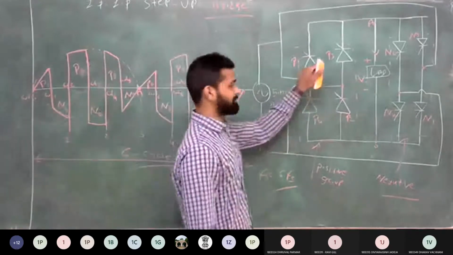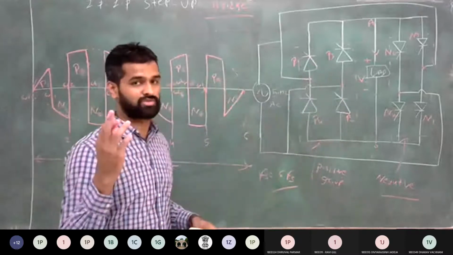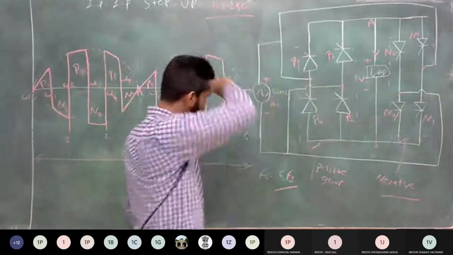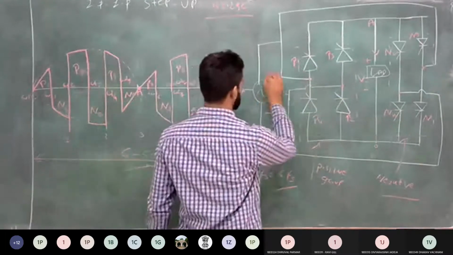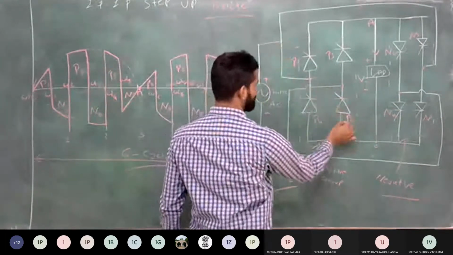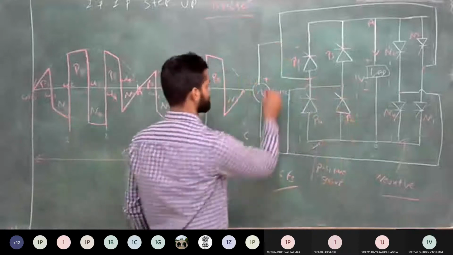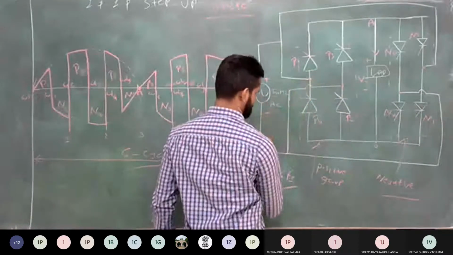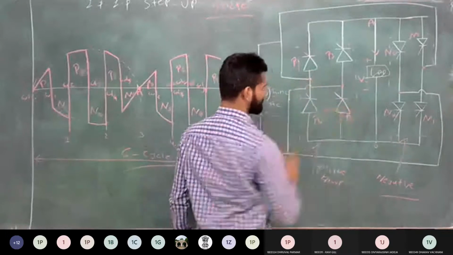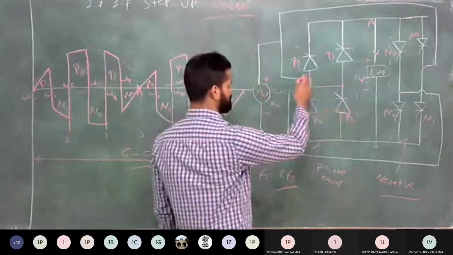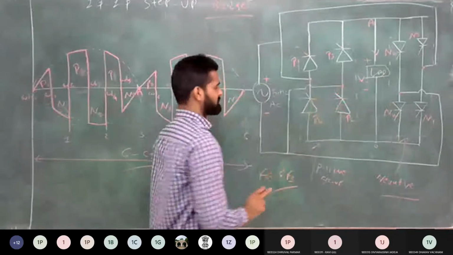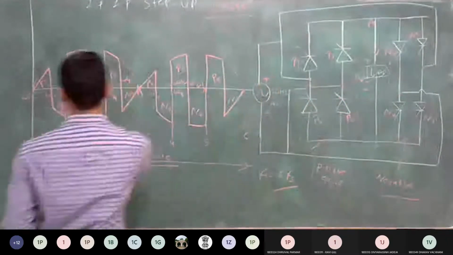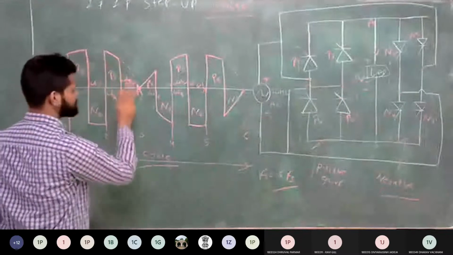At a time in the positive group, I require turning on 2 thyristors. When the positive cycle is here, P1 and P2 come into forward bias. The positive terminal is connected with the anode of P1 and the negative terminal with the cathode of P2. So in the positive group, P1 and P2 are forward biased and P3, P4 are reverse biased within the positive cycle of supply.